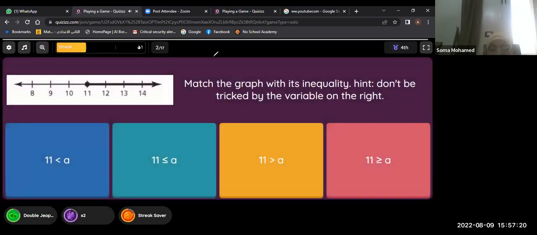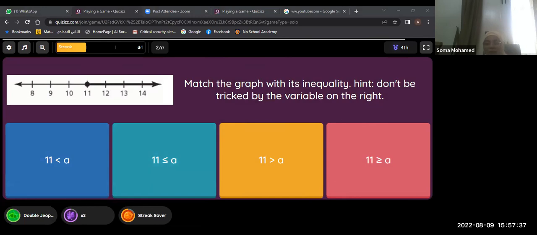Yaseen, match the graph with the inequality. This is 11, 12, 13, 14. What is this inequality?